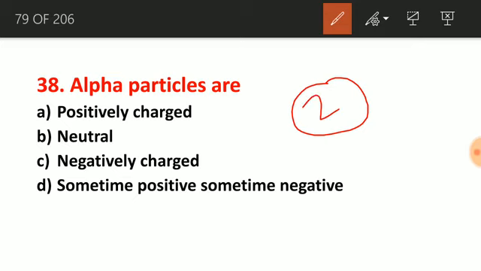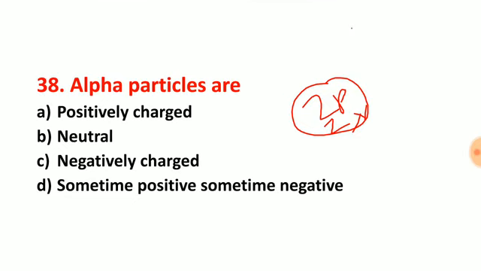An alpha particle is only 2 protons and 2 neutrons, except the electrons, in helium. So the helium nucleus is called an alpha particle, and a nucleus is always positively charged because it contains protons and neutrons. Neutrons are chargeless, protons are positively charged particles, and if we add all together the charge becomes positive. So alpha particles are positively charged.